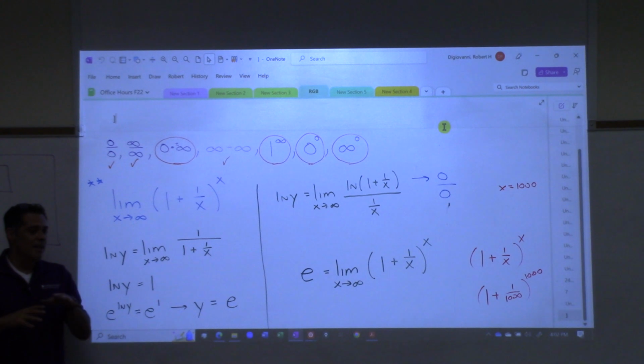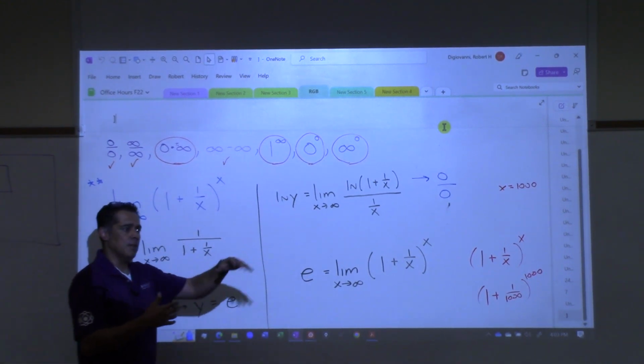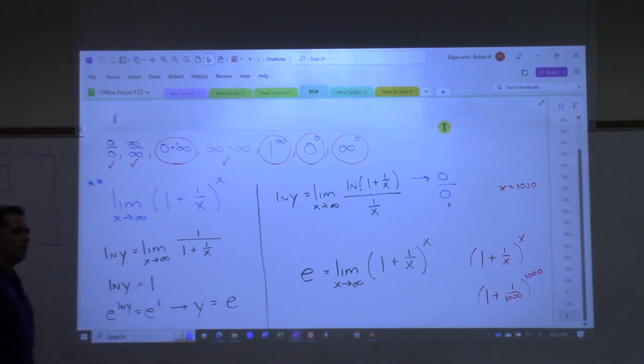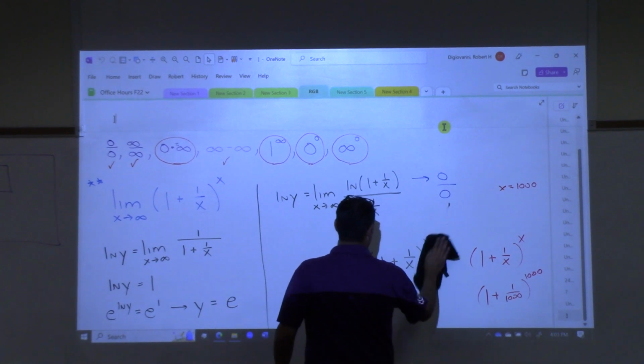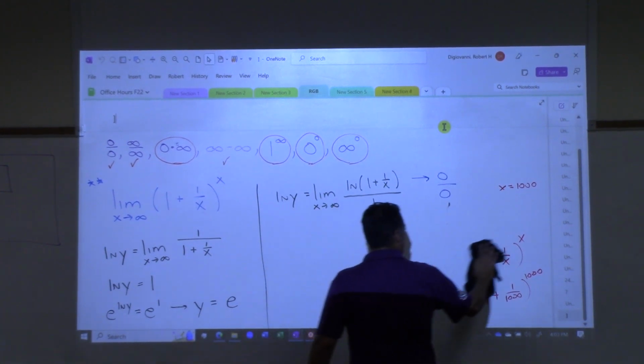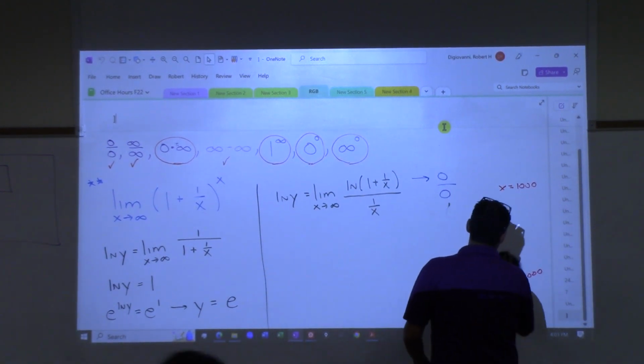It's a weird thing, kind of in the middle. So your answer is never going to be one or the other extreme. It could be in the middle. So e is obviously an important number. We talked about how important e is, right?